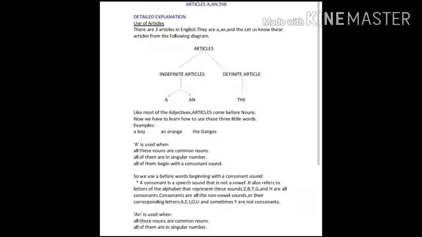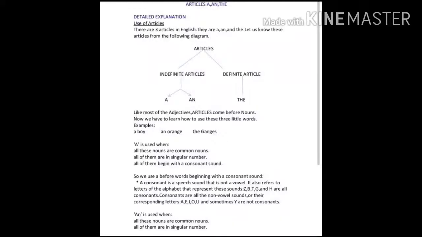Now, let's take some examples. A bat, a cat, a tree. Now, students, one important thing which we have to keep in mind. A consonant is a speech sound that is not a vowel, okay? It also refers to letters of the alphabet that represent these sounds.